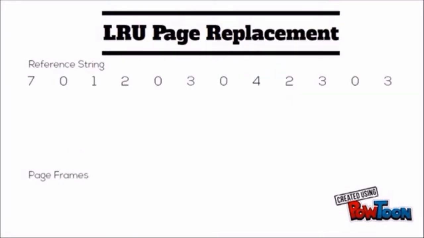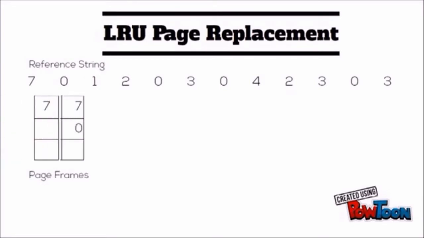This is how LRU works. This is a reference string. We have to load 7 at frame 1, 0 at frame 2, and 1 at frame 3.